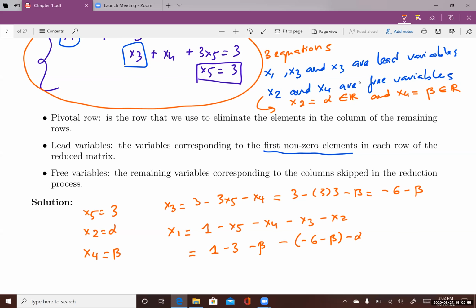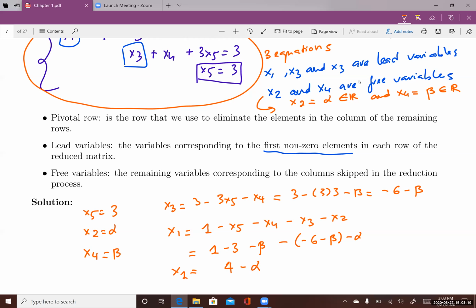That is 1 minus 3 is negative 2, plus 6 is 4, and then you have negative beta plus beta, which is 0. So then you just have 4 minus alpha for x1.